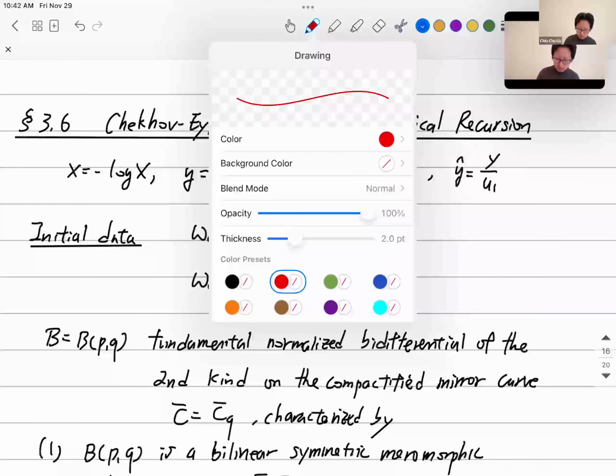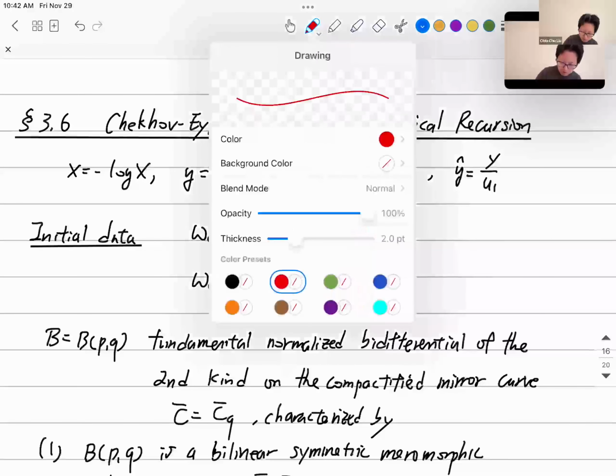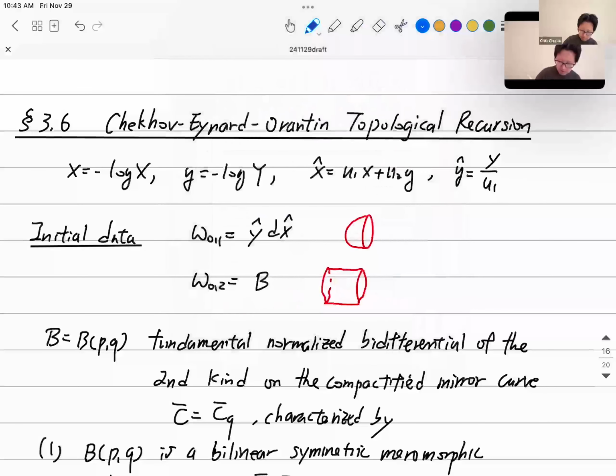But when we do the open, we want to do x plus y, and y hat is y.